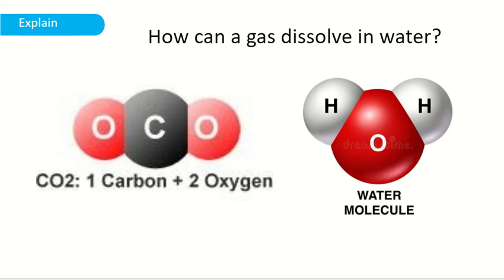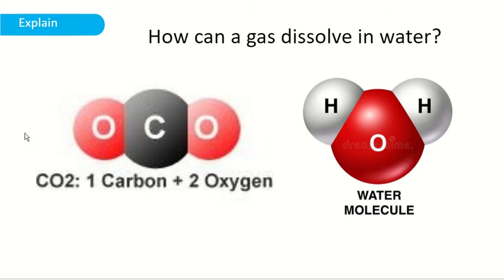Now we're going to explain, how can a gas dissolve in water? The bubbles that we saw were gas, specifically CO2, and the water we know as H2O. Our water molecule involves one oxygen and two hydrogen atoms, and our carbon dioxide molecule involves one carbon and two oxygen.